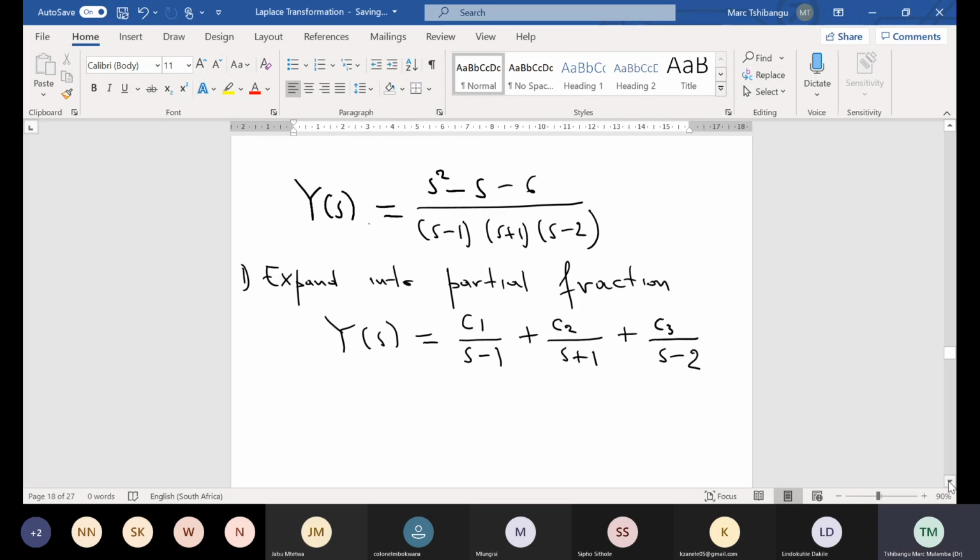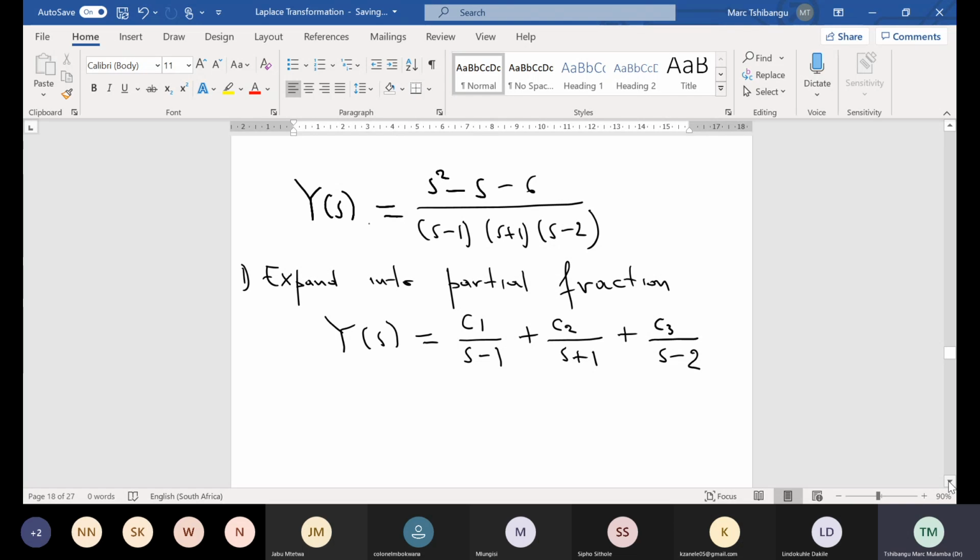Once we've got this, we need to compute the constants. So if we skip that step for now and go to step 2 and find the inverse Laplace transform of this function.